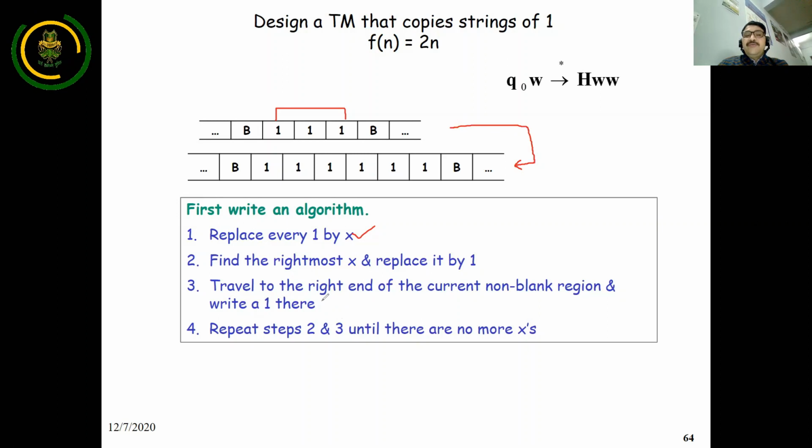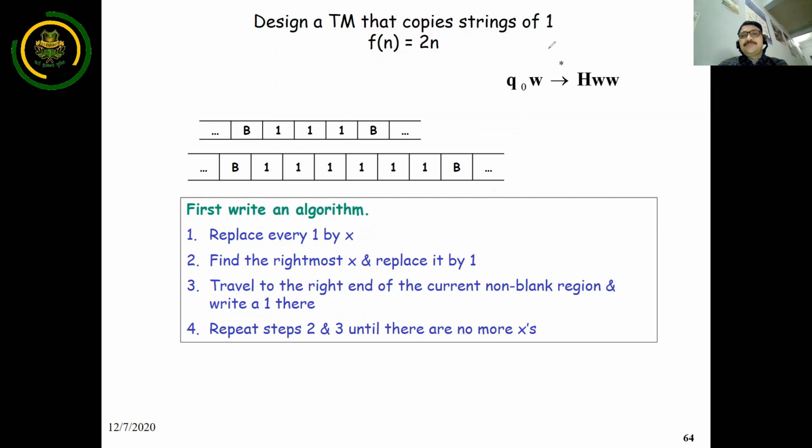So if all 1s are converted into x and the rightmost x is converted to 1, then traverse to the right end of the current non-blank region and write the 1, and repeat steps 2 and 3 until there are no more x. Means all x should be converted into 1. This is the simple logic behind the construction of the Turing machine for f(n) equals 2n.